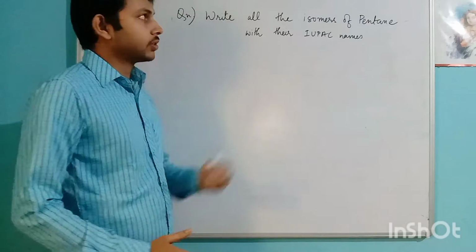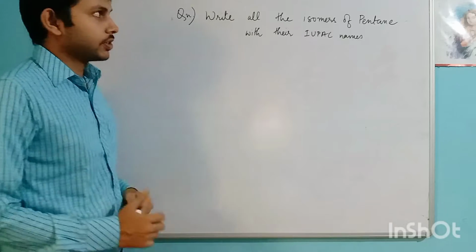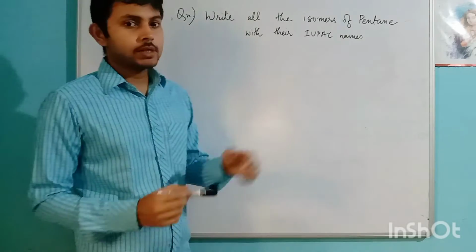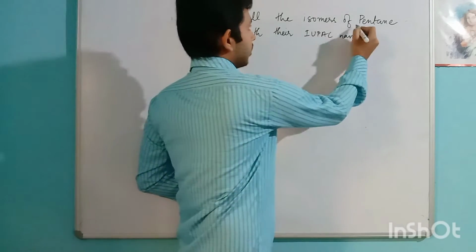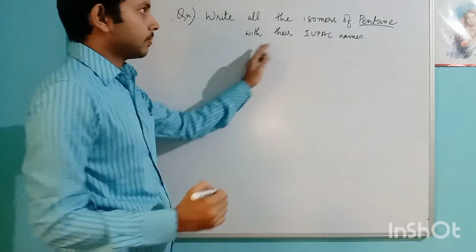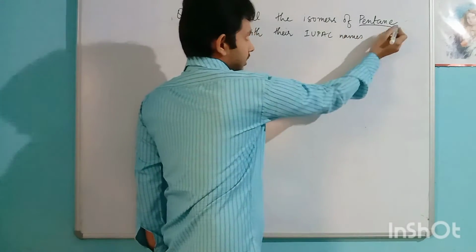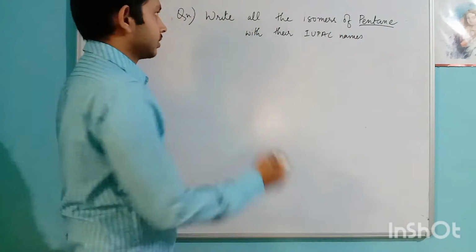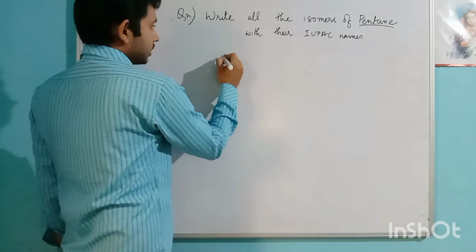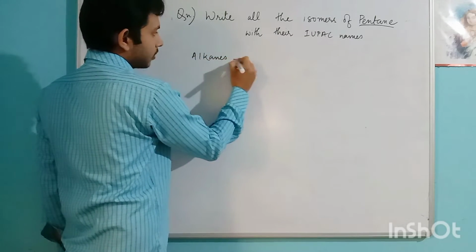Since we are talking about isomers, let's start with another question. The question is, write all the isomers of pentane with their IUPAC names. Now pentane is an alkane, since there is 'ane' at the end. For alkanes we know the general formula. What is the general formula of alkanes?